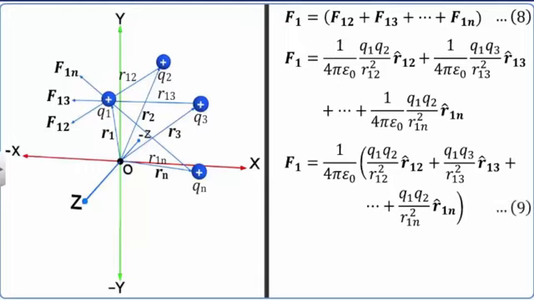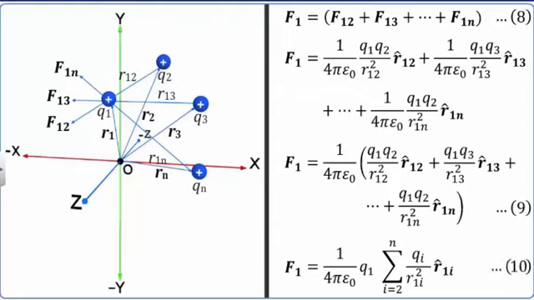Thus, the net electrostatic force on Q1 is F1 equal to 1 by 4 pi epsilon naught into Q1 into sigma i equal to 2 to n, Qi by R1i square into R1i cap. Let this be equation 10.